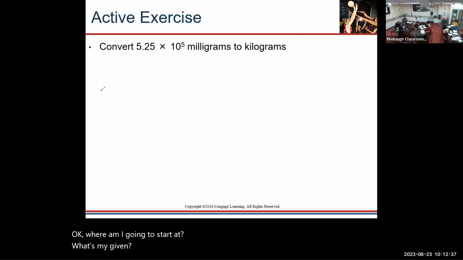I heard somebody say it. 5.25 times 10 to the fifth. And the units are milligrams. So we're going to use an mg.